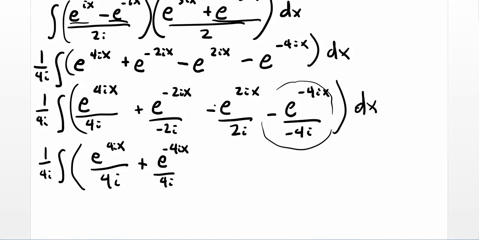And we're going to put the other two terms together as well. This is minus e to the 2ix over 2i minus e to the negative 2ix over 2i.